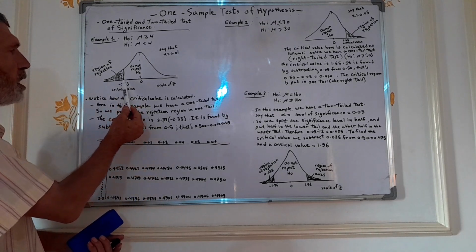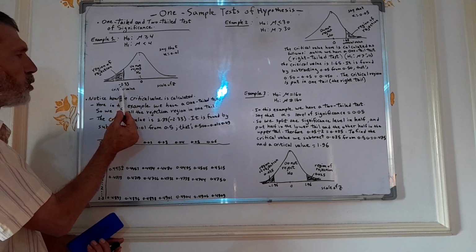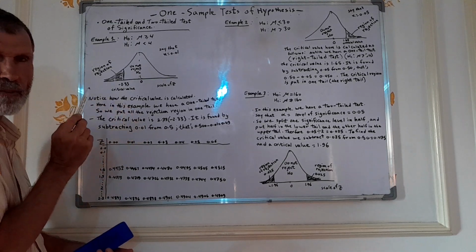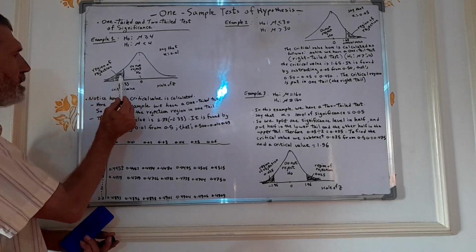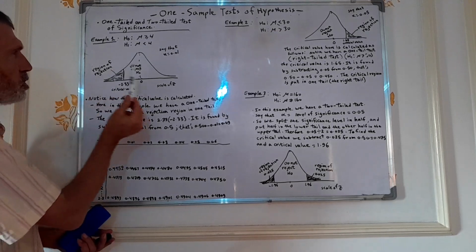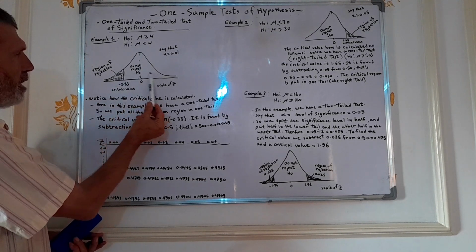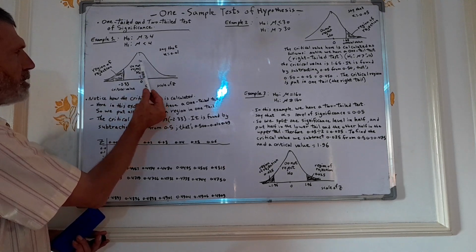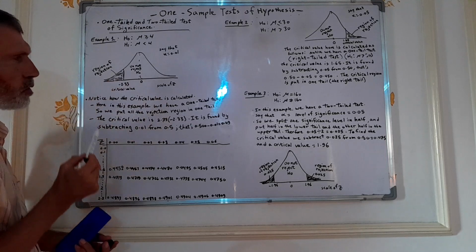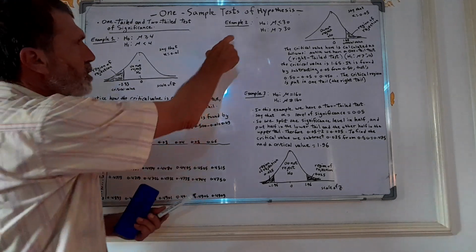Because we are in the lower tail, we put minus 2.33. So this is the critical value, and this is the region of rejection. All the other area is the acceptance, or not rejection, area of H naught. Now, we move to example 2.